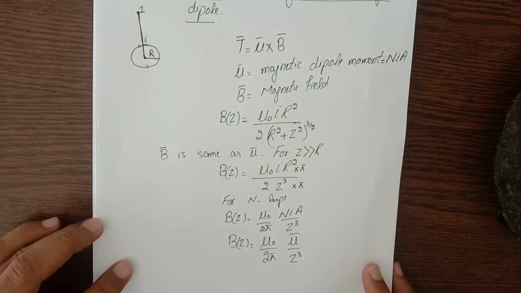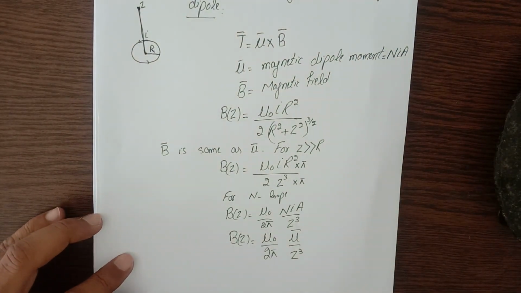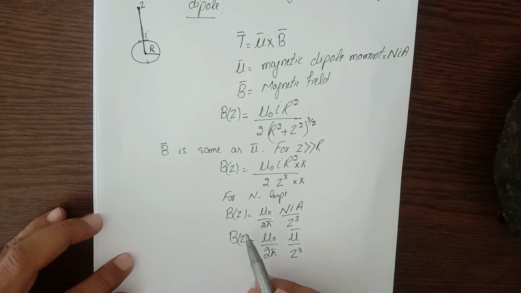So we can say that a current carrying coil is used as a magnetic dipole due to two obvious reasons. One of the reasons is that it has torque when it is placed in an external magnetic field, and secondly due to its intrinsic magnetic field that we have calculated right here.